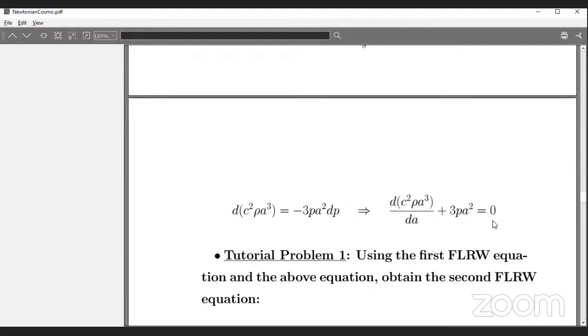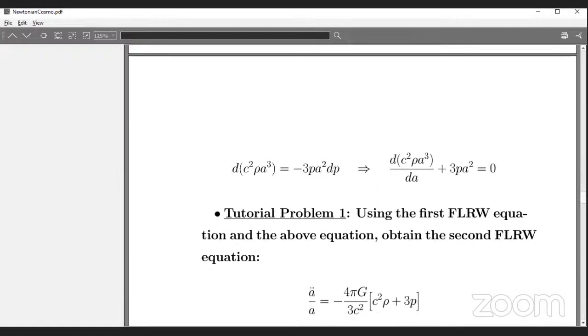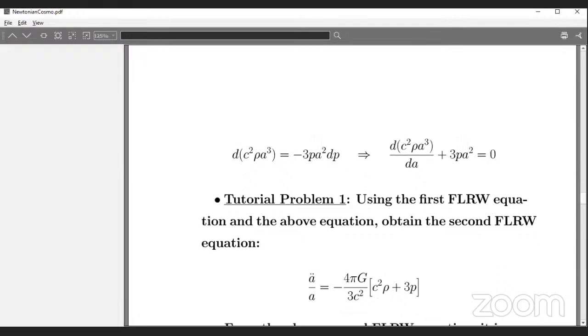All right. So either you can take this equation, d by da of c squared rho a cubed plus 3p a squared equal to 0, as the second FLRW equation, or what is canonically written in general textbooks as the second FLRW equation is this: the second time derivative of the scale factor divided by the scale factor, that is a double dot divided by a, is equal to minus 4 pi G by 3 c squared multiplied by the energy density, which is rho c squared, plus 3 times the pressure.